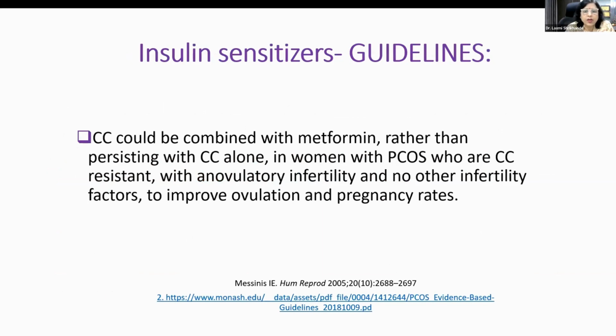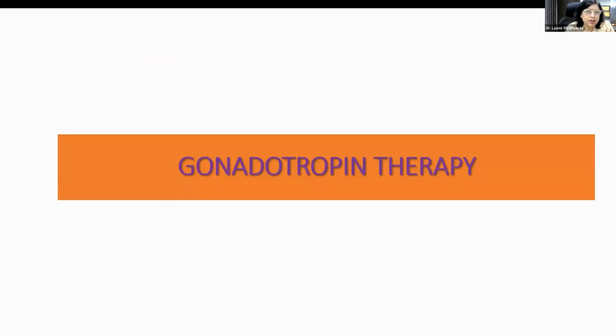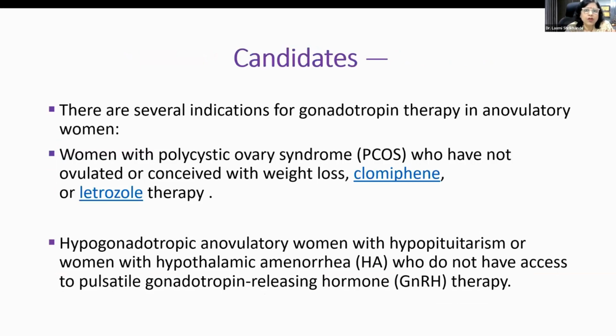So CC could be combined with metformin rather than persisting with CC alone in those women who are having PCOS, who are CC resistant with anovulatory infertility and no other infertility factors to improve ovulation and pregnancy rates. So this was all about oral ovulagens.